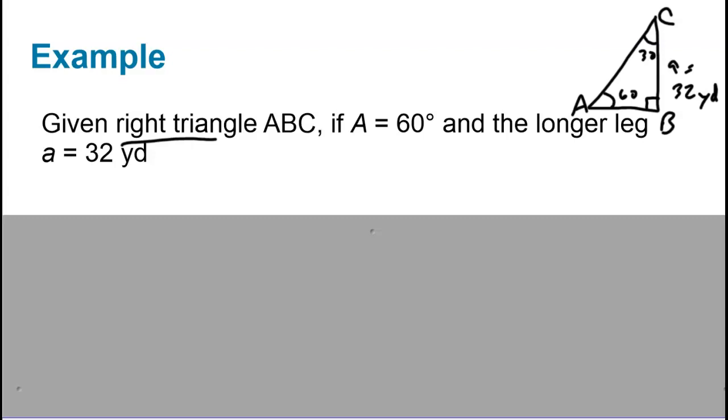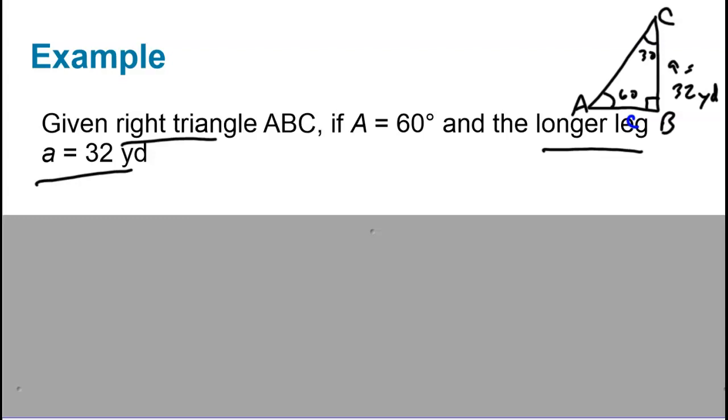And so let's see what we're given here. We have a longer leg of A is 32 yards. All right, so if we're given a longer leg and we have decided that we have a 30, 60, 90 triangle, then how can we find the shorter?